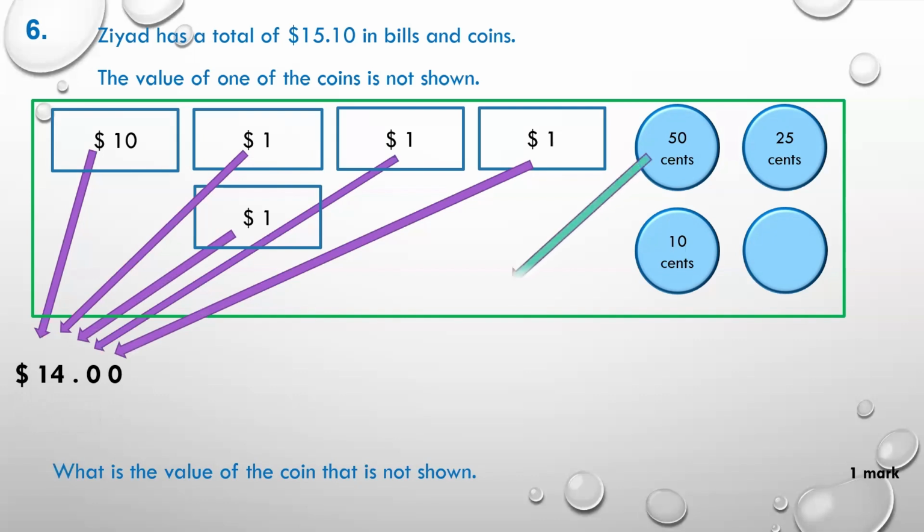We have 50 cents, and another 25 cents, that's 75 cents, and another 10 cents carries us to 85 cents. So that means we have $14.85 so far. And we're missing 1 coin. And we know our total is $15.10. So what is the difference?